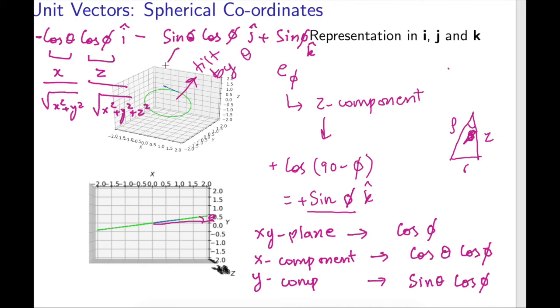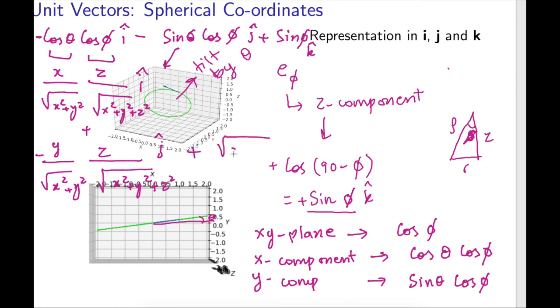So similarly, y over the square root of x squared plus y squared times z over the square root of x squared plus y squared plus z squared, with a minus here, and then j here, and then plus the square root of x squared plus y squared over the square root of x squared plus y squared plus z squared.